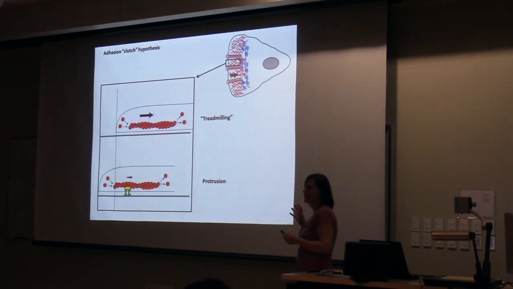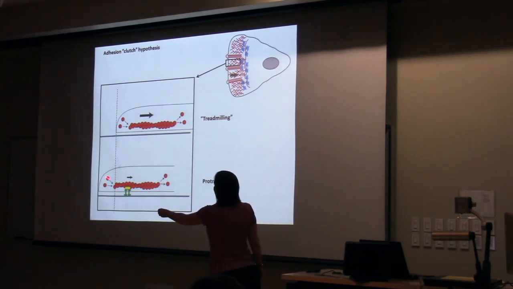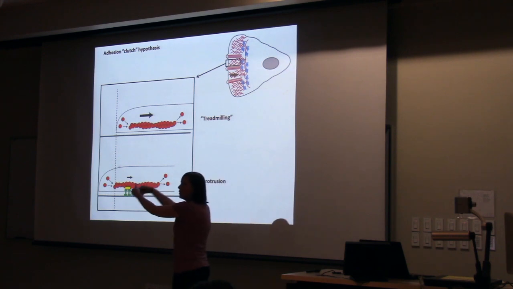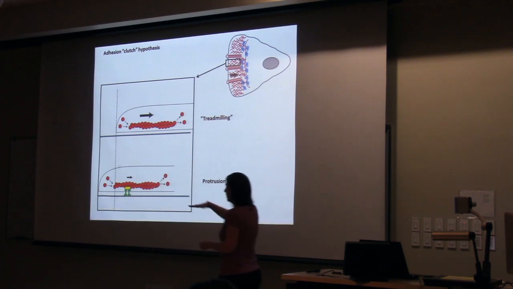And if we're thinking of our cell as a vehicle, this is like the engine turning over, but you're not going anywhere. Then in this clutch analogy, when the actin network adheres to the surface, this is sometimes likened to engaging the clutch, because now, when the network grows at the leading edge, it's not slipping back anymore. So now this polymerization could push on that leading edge membrane and actually push it forward, allowing the cell to begin to protrude in the direction that it's trying to move.